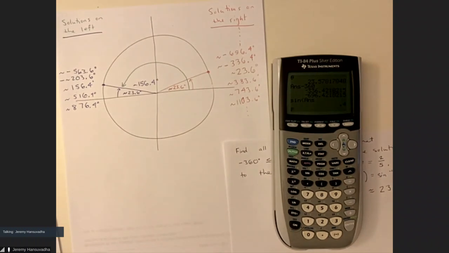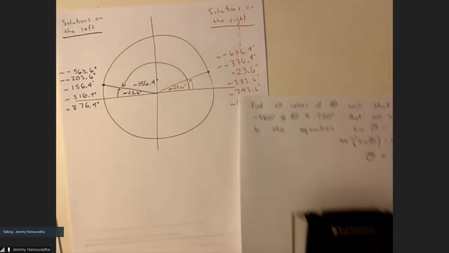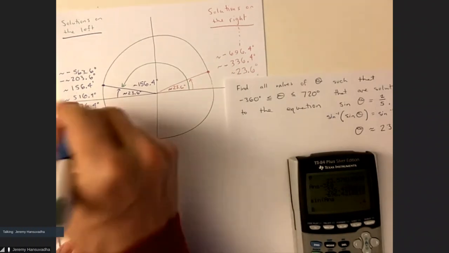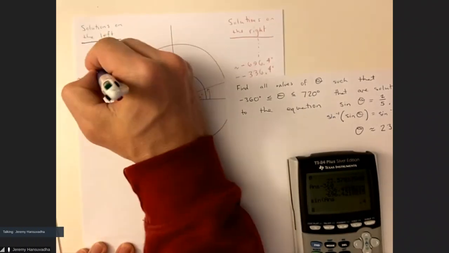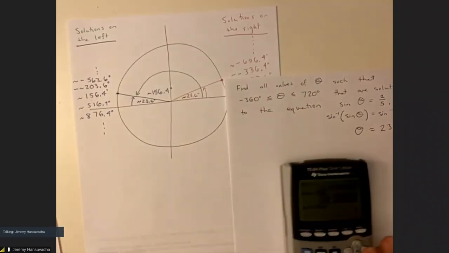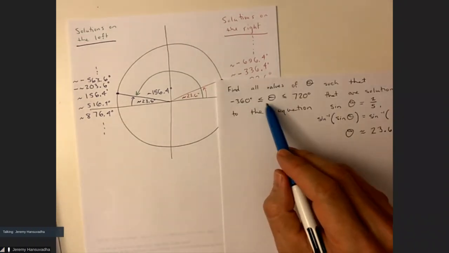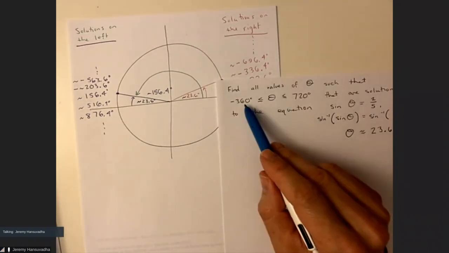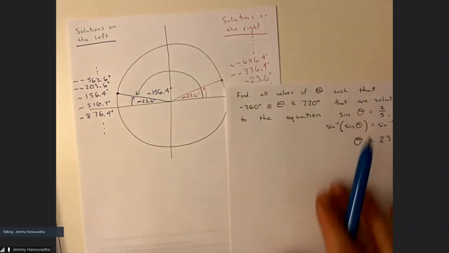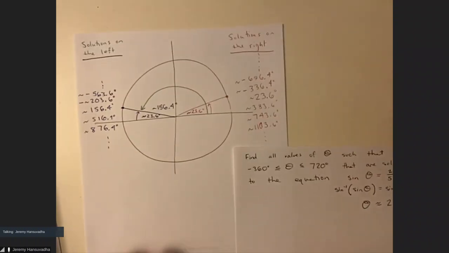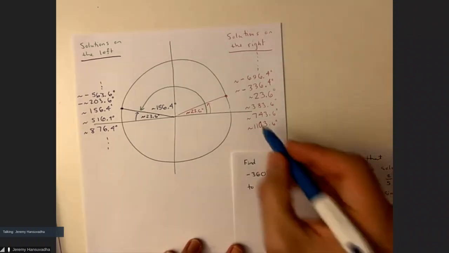All right. Now, we might be done. It's going to continue. But the problem said find all the values of theta such that theta is in this window from negative 360 to 720. Are all of these solutions between negative 360 and 720? No. This one is too big.